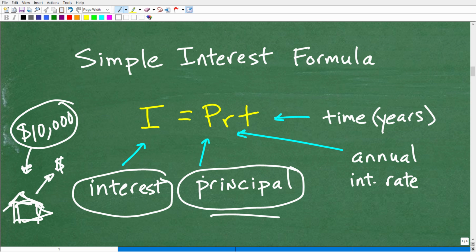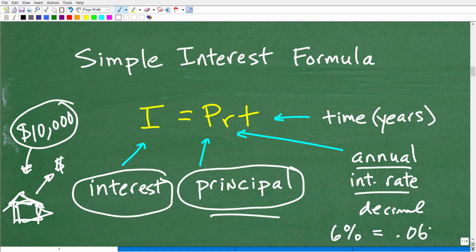So P is your starting amount, R is your annual interest rate, and we need to express this as a decimal. So we need to know how to convert a percent to a decimal. Let's do a quick example. If you're making 6% annual interest, 6% as a decimal is 0.06.